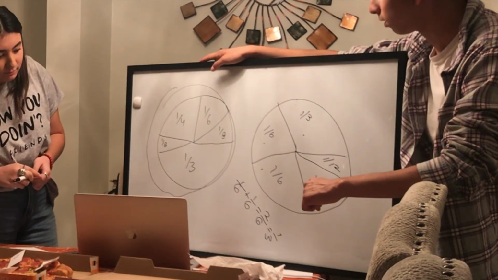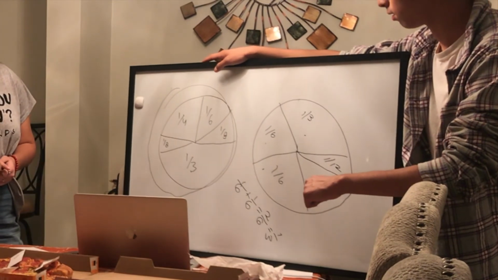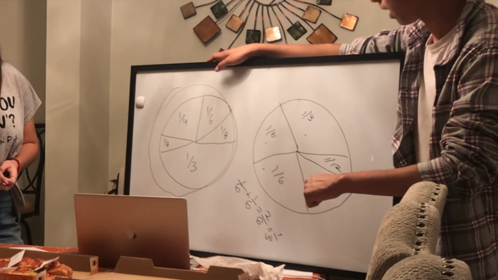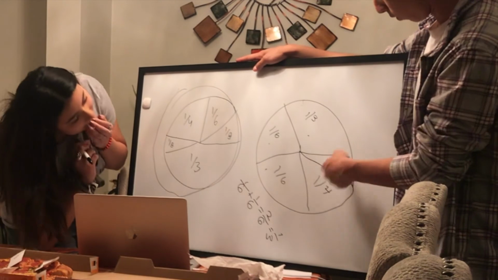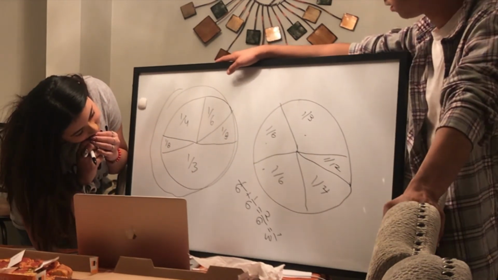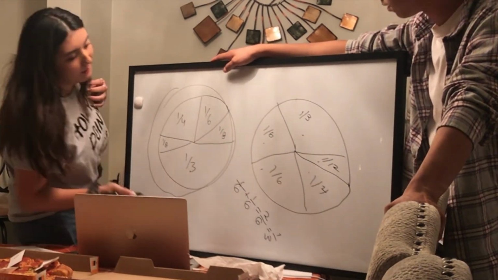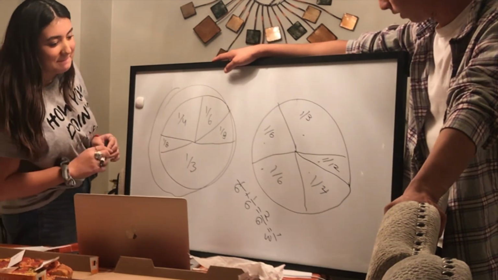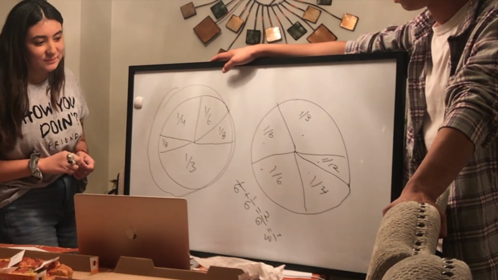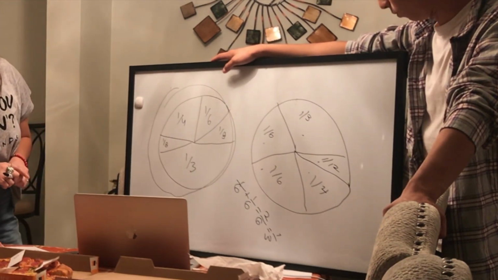1/3 plus 1/3, 2/3. All right. And then what would you get if you add up these two fractions? You want to find the common denominator? 12. Yes. And what would you get?